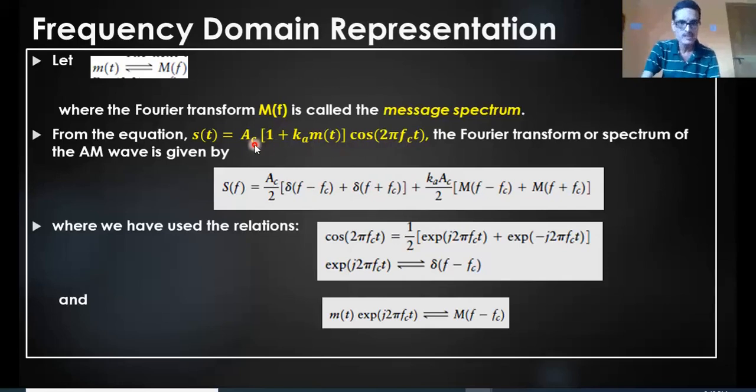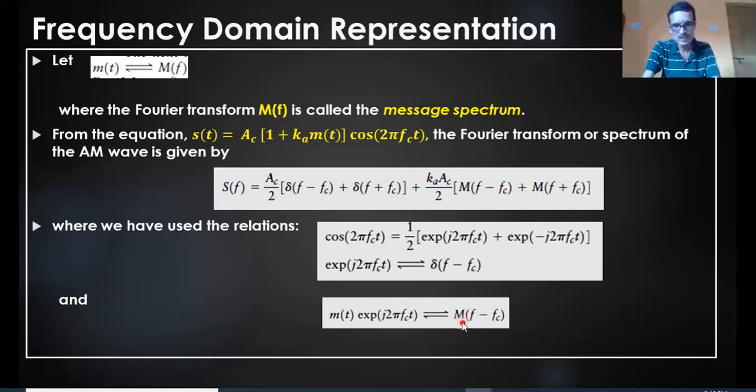What about the second term? We have the second term as Ac into Ka m of t cos 2 pi fc t, right? So that is Ka Ac by 2 as the coefficient. Now just look at this. I have m of t multiplied by cos 2 pi fc t. Any particular signal multiplied by an exponential term is equivalent, in the frequency domain, to frequency shifting of the entire spectrum. m of t is represented as M of f.